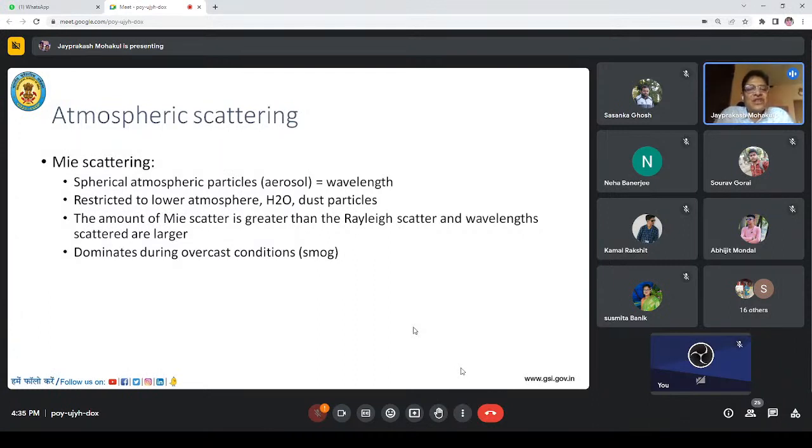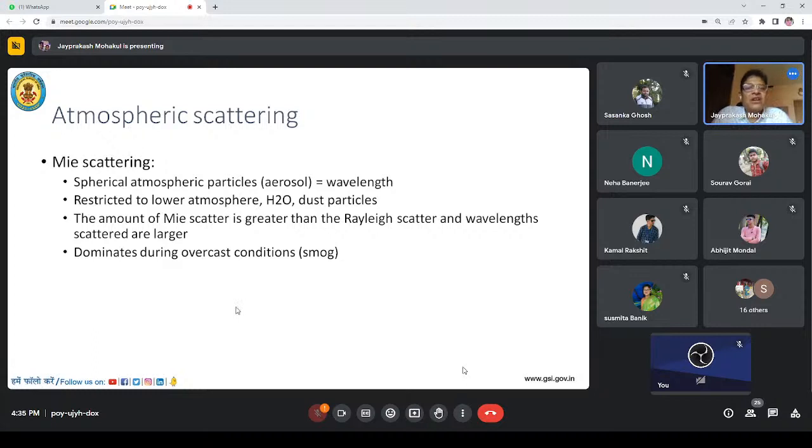So it is restricted to the lower atmosphere with water vapor and dust particles. The amount of Mie scattering is greater than Rayleigh scattering, and longer wavelengths are scattered. So this basically is the cause for overcast conditions or smog.